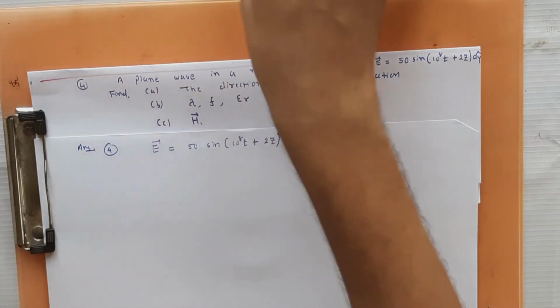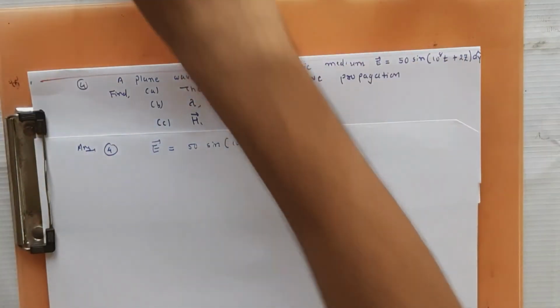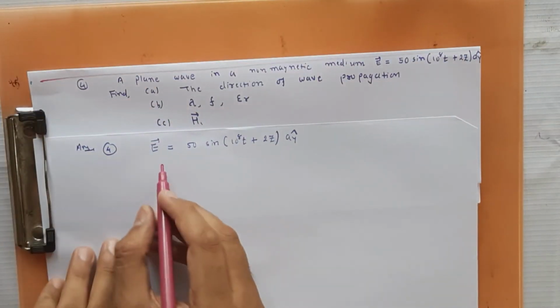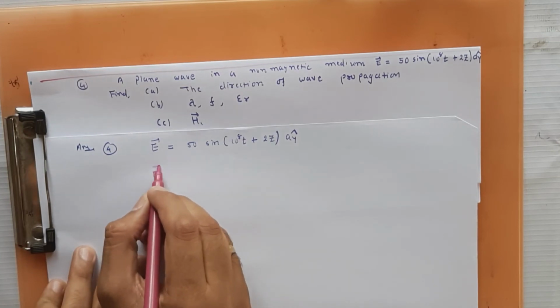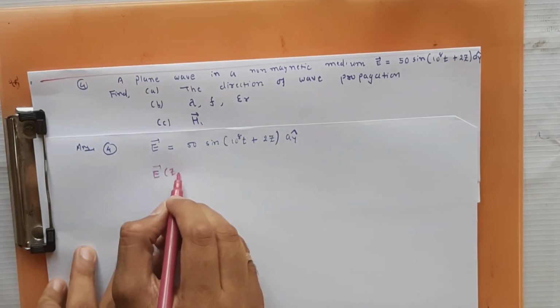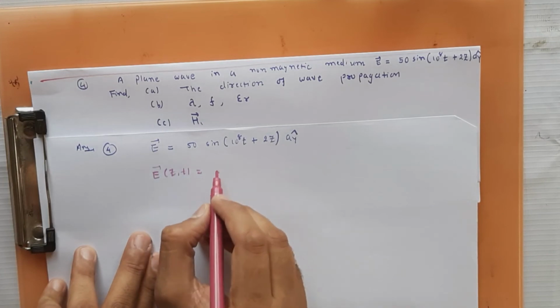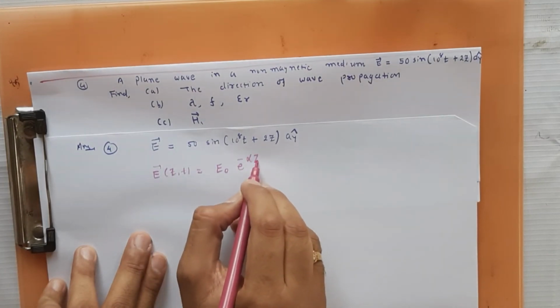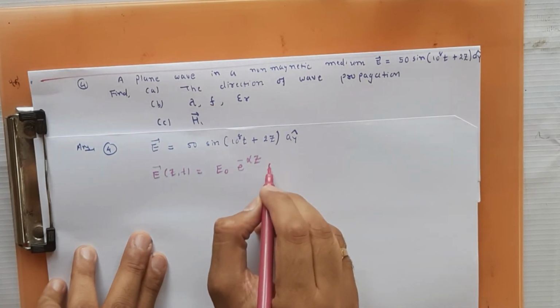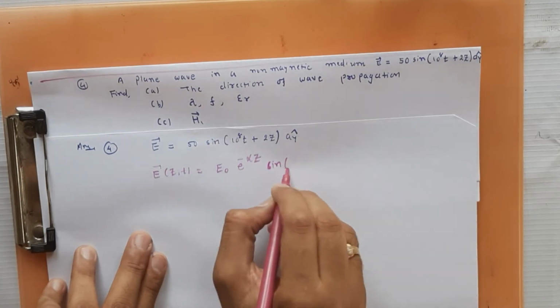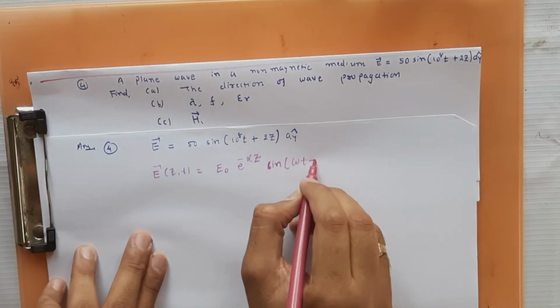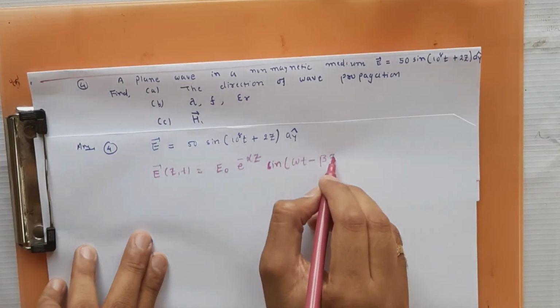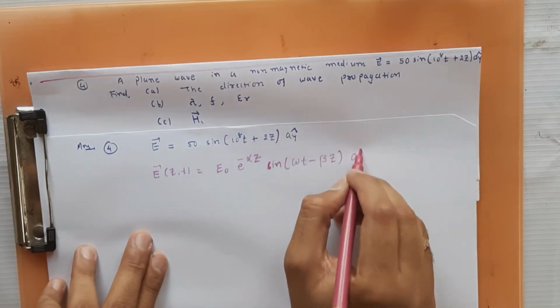Again, I have to compare it with our original equation. Our standard equation: E of z, t is equal to E0 e raised to minus alpha z, cos or sin, you may write anything, (omega t minus beta z) into AX.